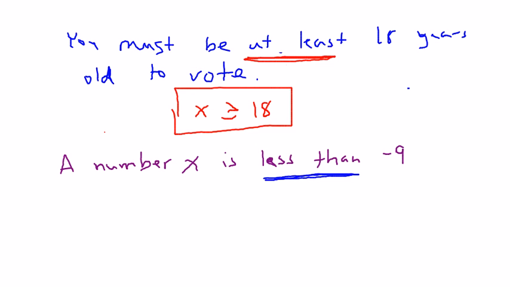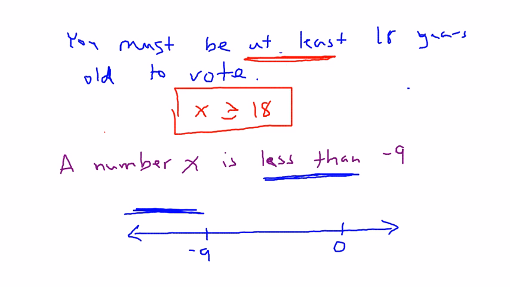Well, if we draw our number line, and let's say this is 0, -9 would be about here, right? If a number x is less than -9, that means that x must be smaller than -9, or it must be to the left of -9 on the number line.